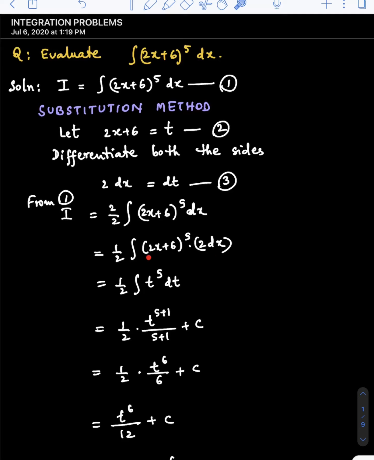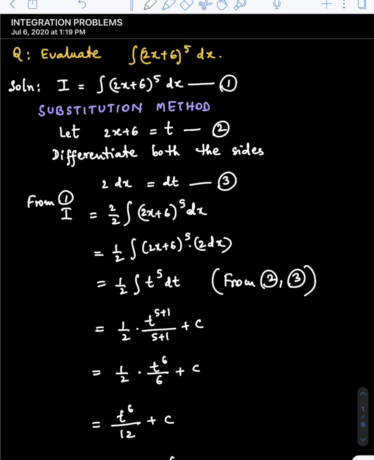In the next step it will become half integral, where t is replaced. 2x plus 6 is replaced by t here, and this 2 dx is also replaced by dt. How? You can see equations 2 and 3. With the help of those two equations, we wrote this step.